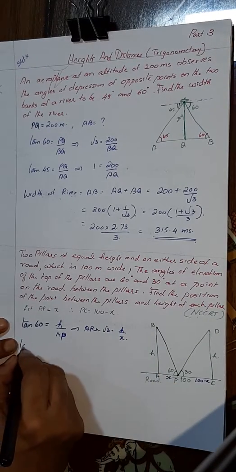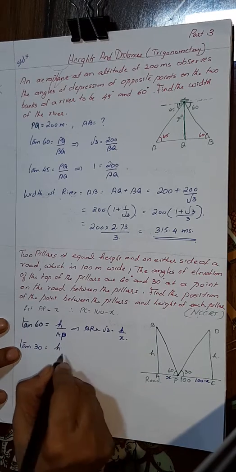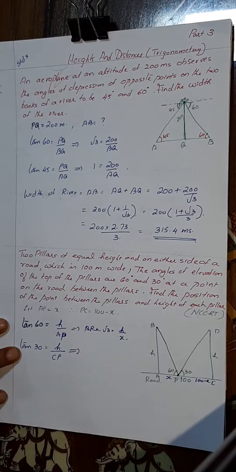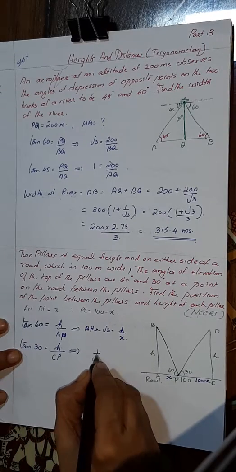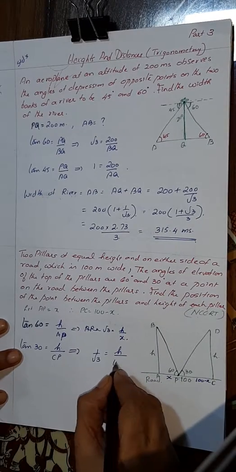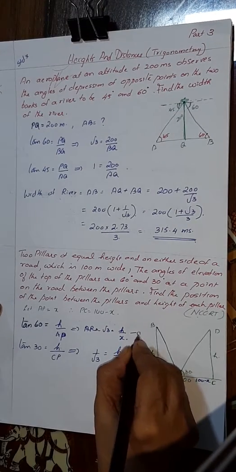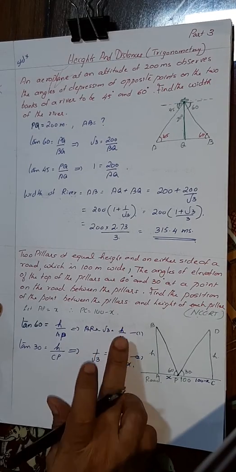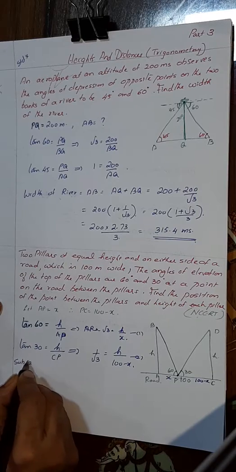Now tan 30 is equal to h by CP. So tan 30 is equal to 1 by root 3 is equal to h by 100 minus x. So these are two equations. So we will write h is equal to root 3x. So we will substitute 1 in 2.